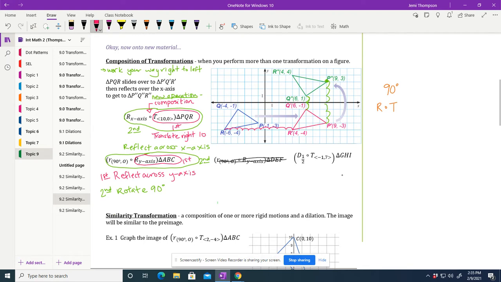Okay, so I start on the inside. What do I do to GHI first when I start this transformation? So first I'm going to translate, which means slide. So remember, the first one is X, the second one is Y. So if I have a -1 in the X direction, that's going to be left 1, and a +7 in the Y direction is going to be up 7.